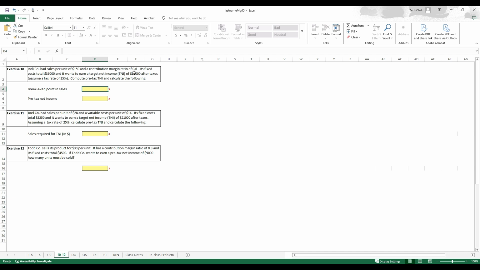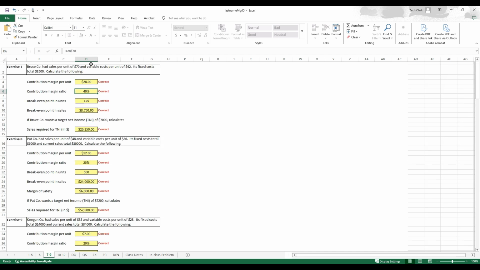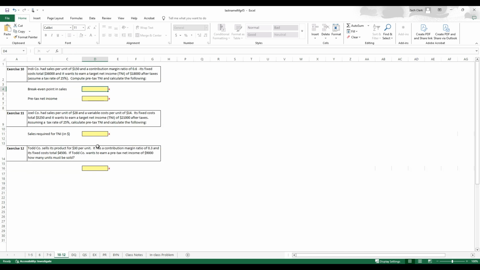So a contribution margin ratio of 0.6, if we look back at how we got there from some of these problems, was the contribution margin divided by the sales per unit, which equals 60%. So, doing some algebra there, another way to get contribution margin per unit is to take 0.6 times 150.